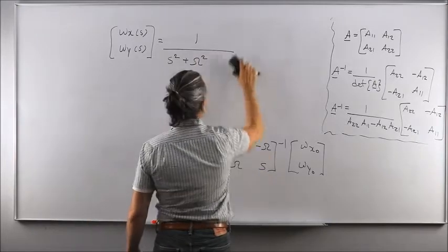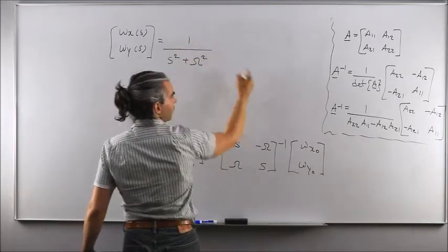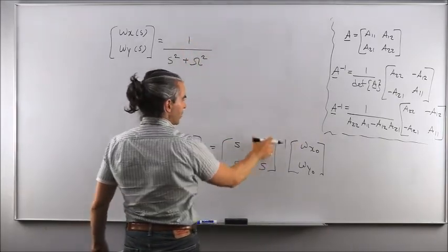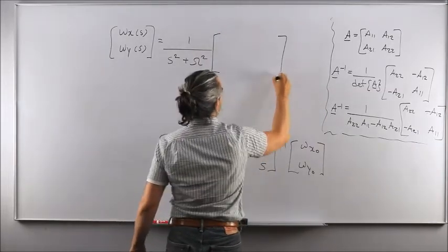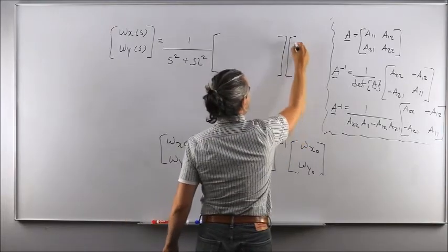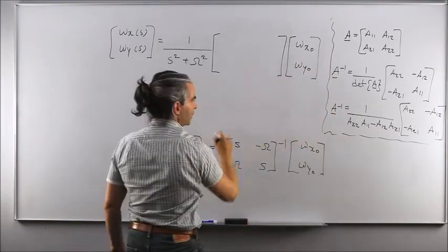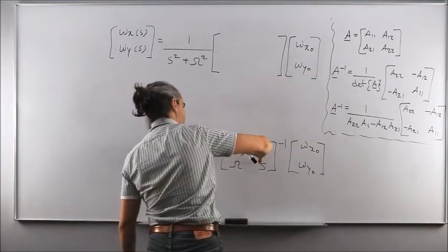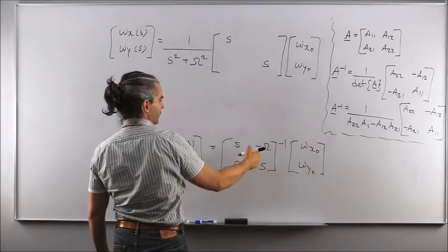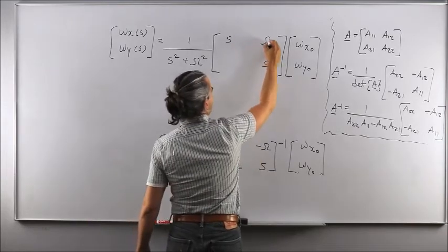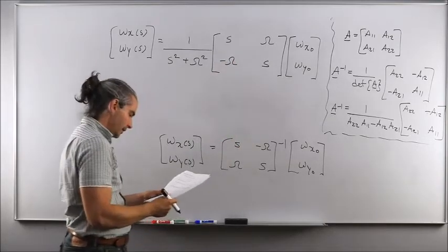That is 1 over my determinant times the 2 by 2 that I'm going to construct out of this original 2 by 2. And this is going to get multiplied with my initial conditions like this. So this 2 by 2 matrix, I'm just taking those two terms, flipping them around. It's going to be exactly the same. So S. I'm going to multiply those two by -1, which would turn them to be the relative spin rate and negative of the relative spin rate there.